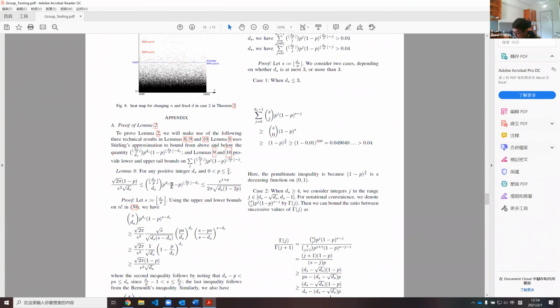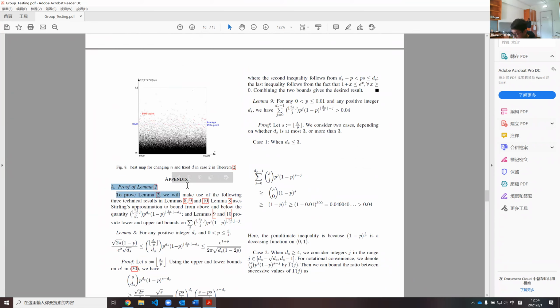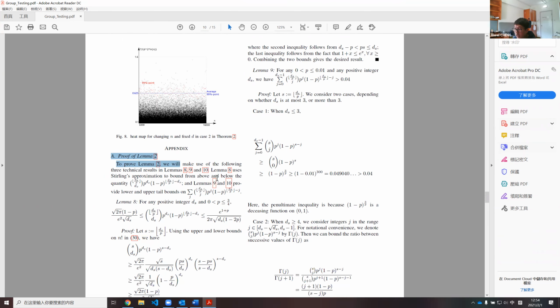Then is the proof of lemma 2. To be mentioned, most of the proof in the appendix is tail bounds. Lemma 2 makes use of lemmas 8, 9, and 10. Lemma 8 helps us to bound this quantity, which stands for the probability that there are exactly ds defectives in ds over p items.